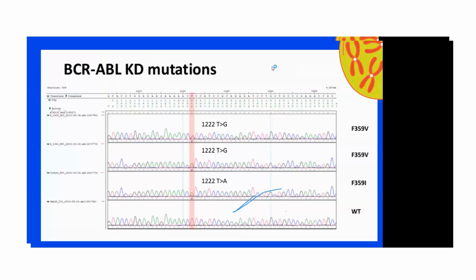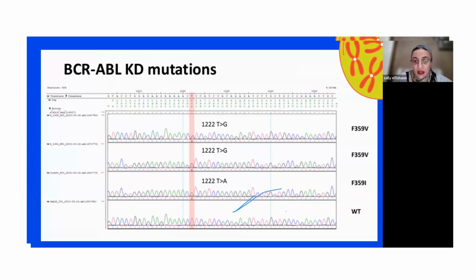And another application, as we want to highlight, is the BCR-ABL kinase domain mutations. These mutations confer resistance to first-line TKIs, or tyrosine kinase inhibitors, so their detection would be via Sanger sequencing.